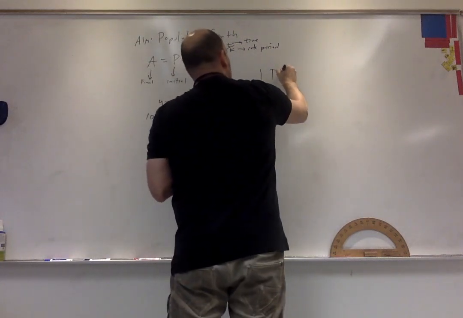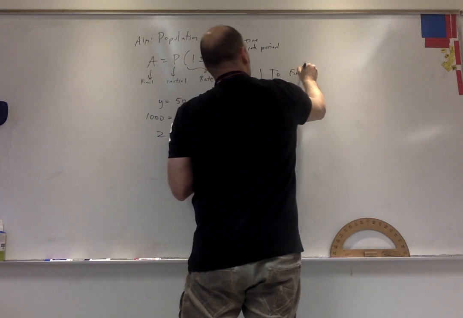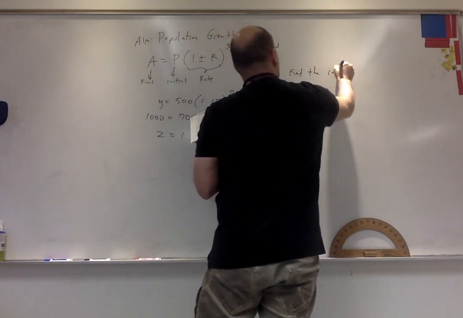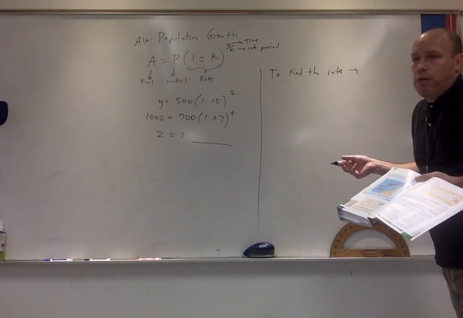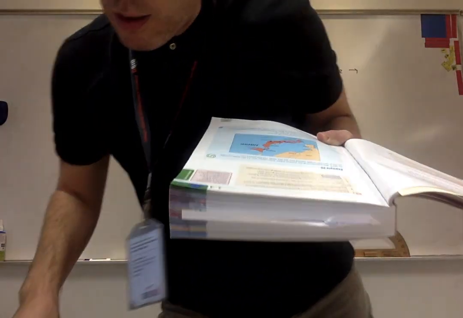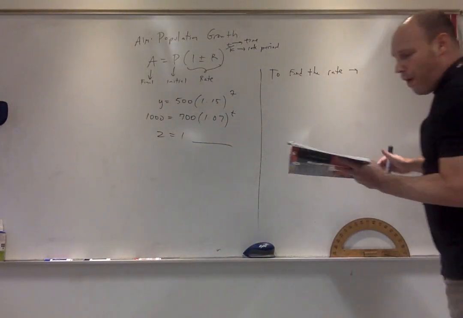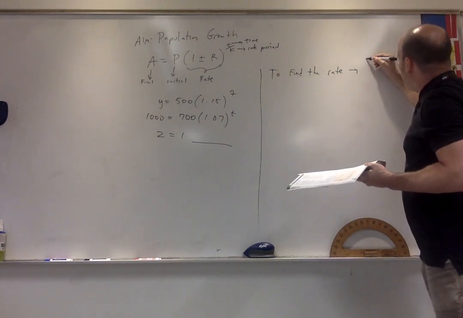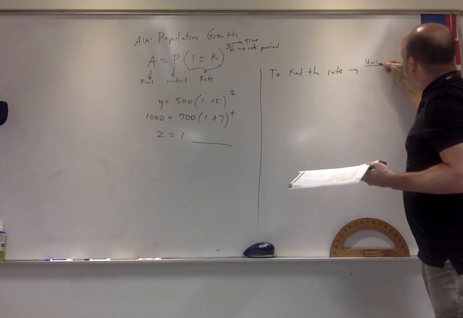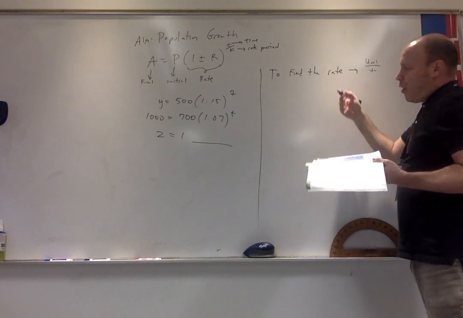So to find the rate, just take the quotient. In the same way that you would divide the next term over the previous term, you're going to do that here.